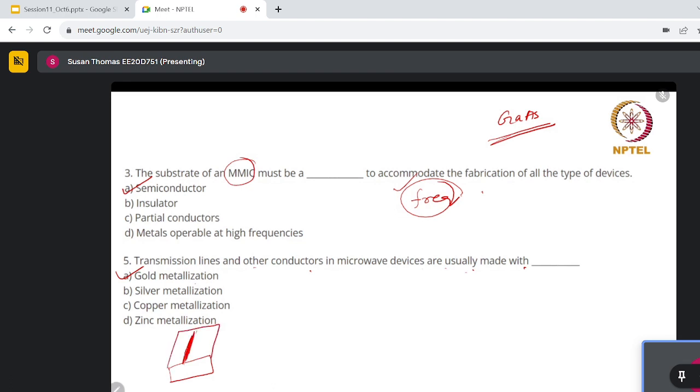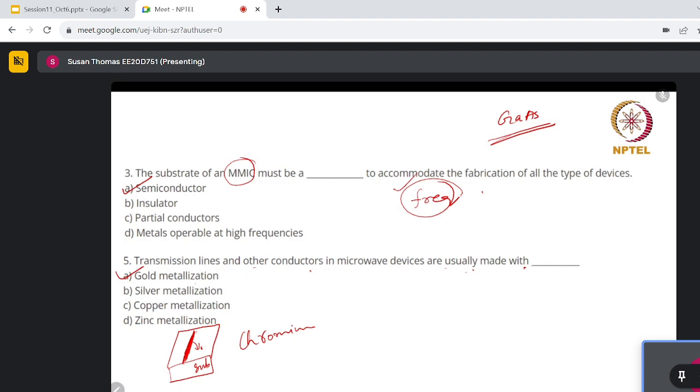To improve the adhesion of this gold material to the substrate, a thin layer of chromium or titanium will be deposited first, such that the adhesion of gold to the substrate is improved.